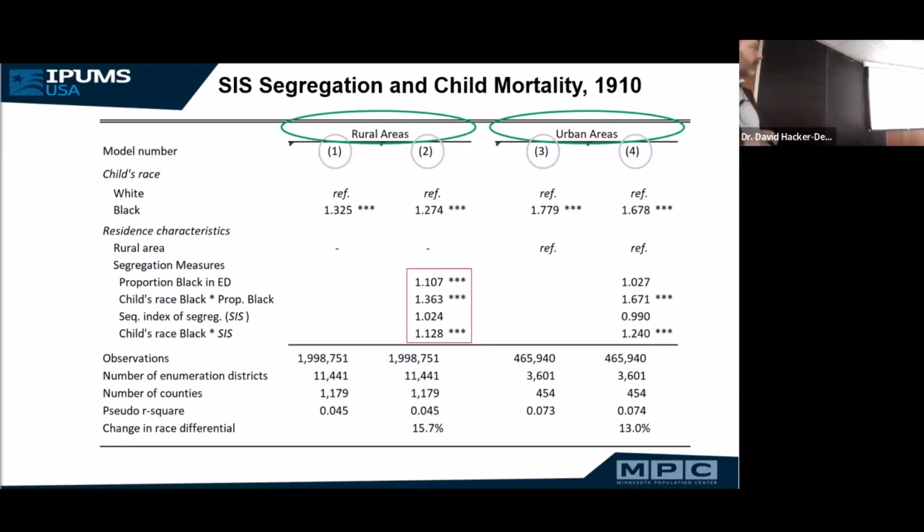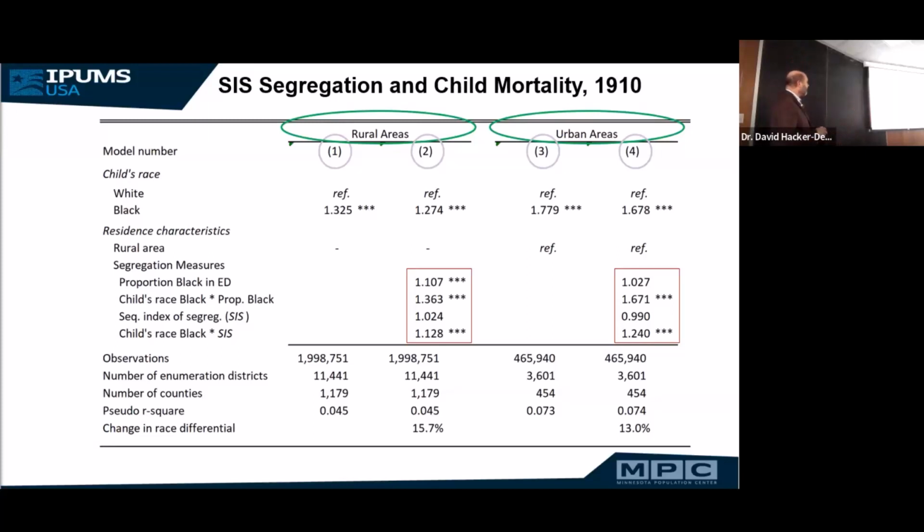All right. Looking at the urban models, similar results. Proportion Black in the ED is not significant for white and Black children combined by itself, but the interaction term is again positive for Black children, and highly positive. So positive meaning correlated with mortality, not good.